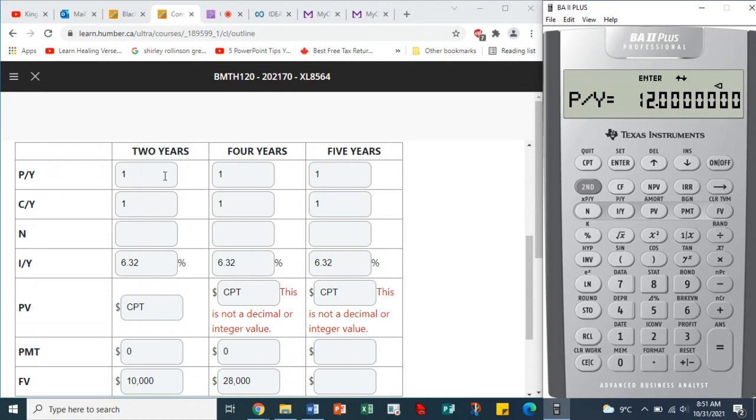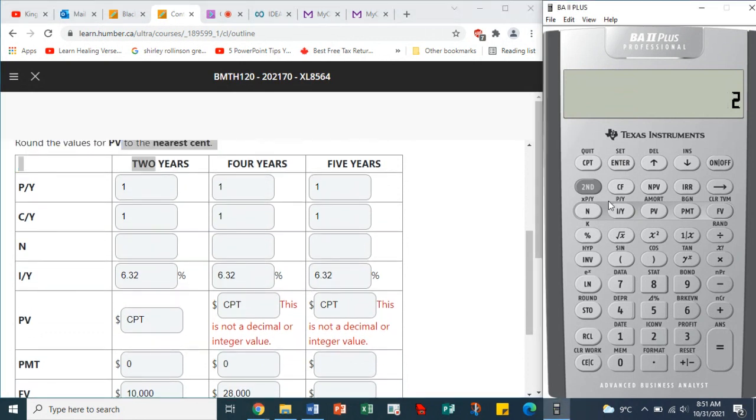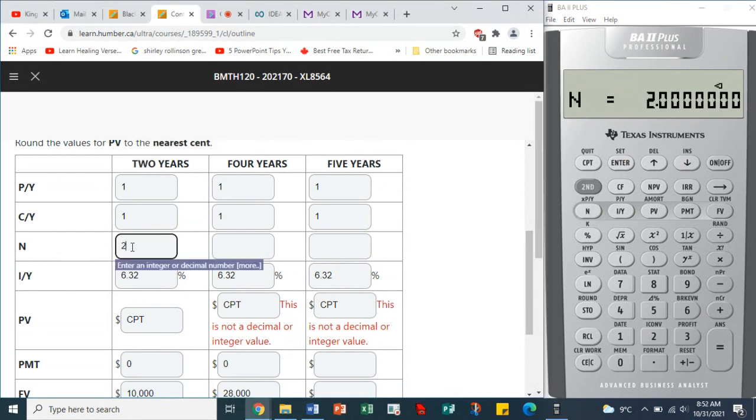Second IY, so PY is 1. We put in 1 for PY, and that will also be the same thing for CY. Then N, it's 2 years. 1 is 2 years from now, so we are going with 2 there. So 2, second, N, and that is 2.